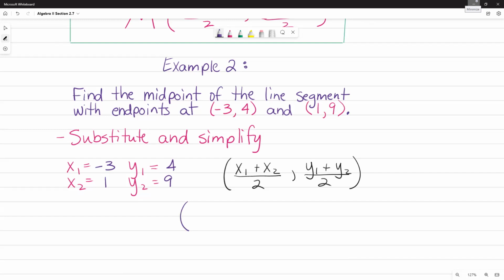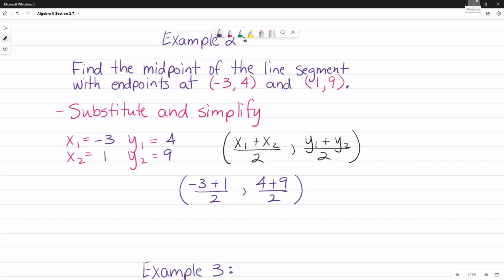So the midpoint is my x1, which is -3, plus x2, which is 1, divided by 2. And y1, which is 4, plus 9 over 2. What's -3 plus 1? -2 over 2. 4 plus 9 is 13.